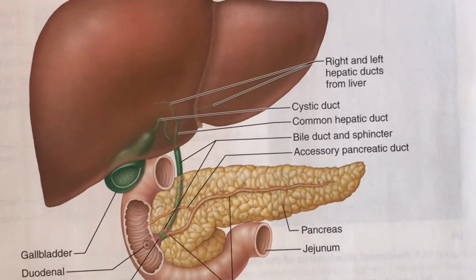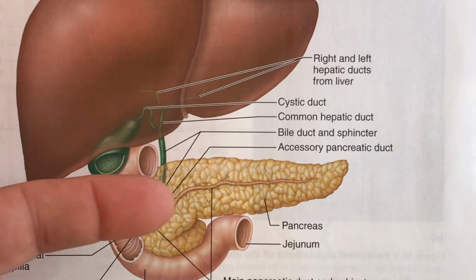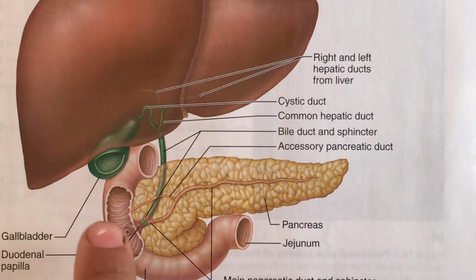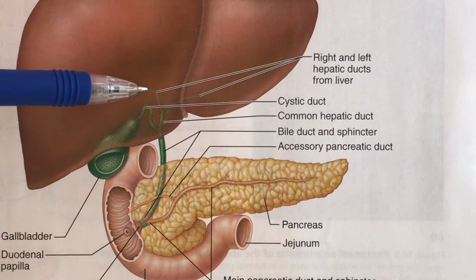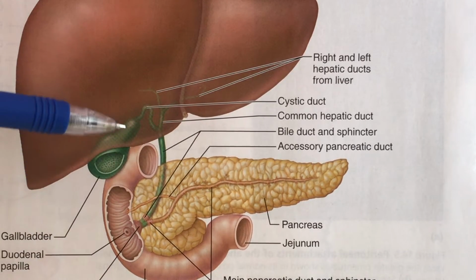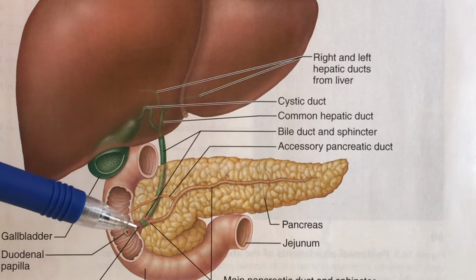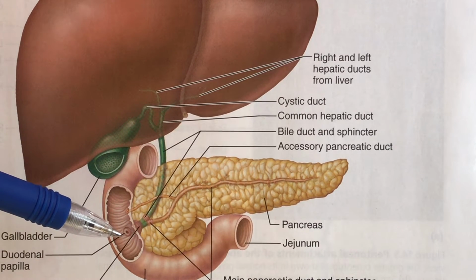If you want to take a look at this diagram, here's the liver, here's the gallbladder, here's the pancreas, this corn-looking thing, and here's the first segment of the small intestine. So the liver is making bile no matter what. Even if this gallbladder is removed, the liver still makes bile and sends it into the small intestine to break down fats.